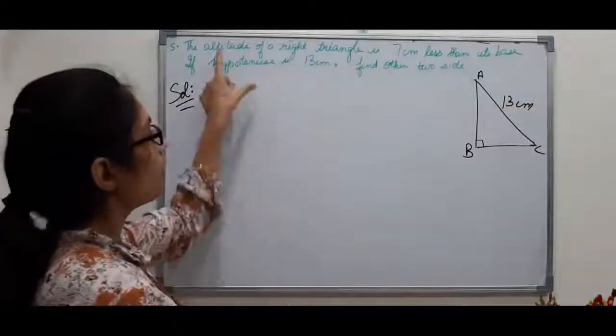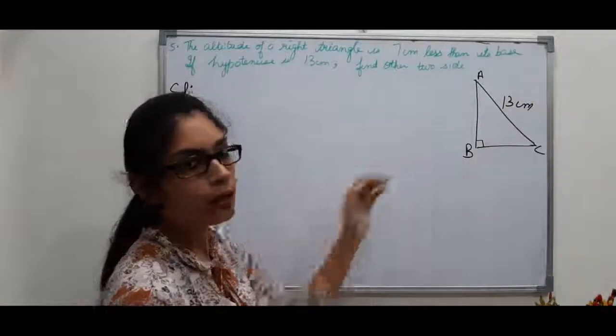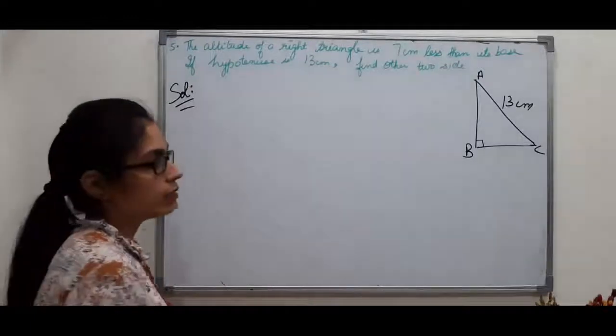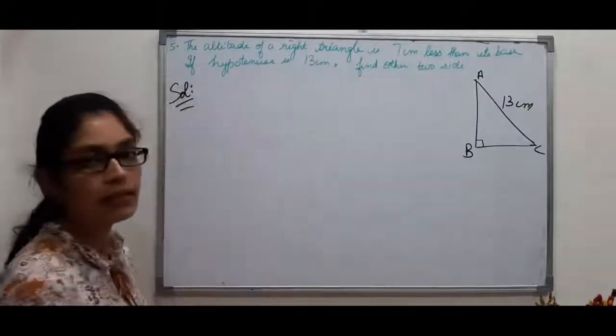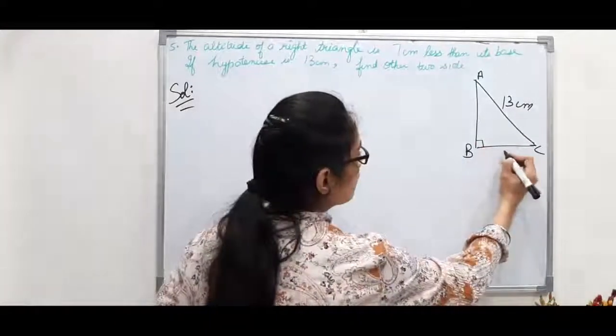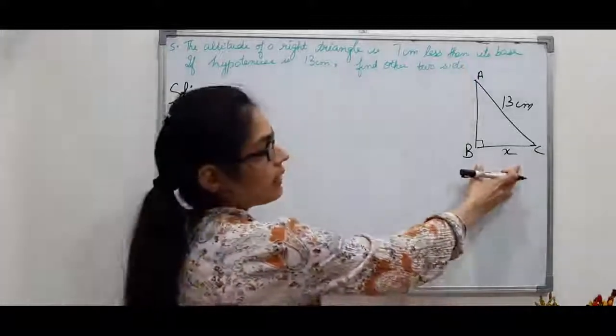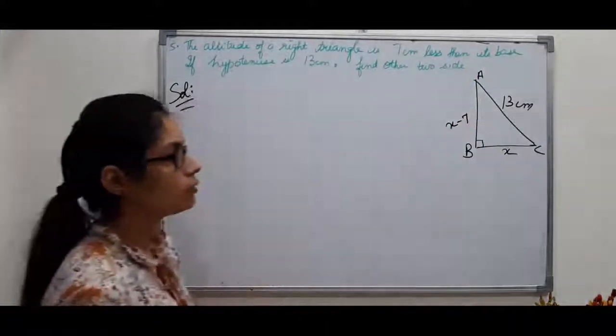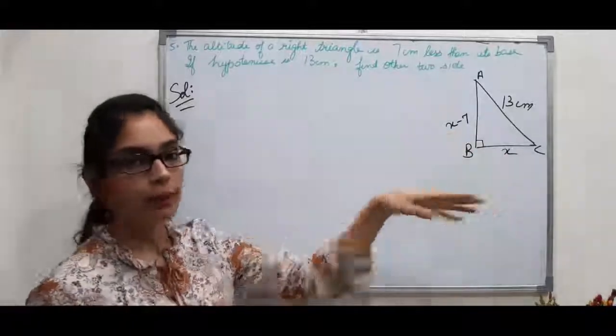So I will draw one right triangle and they are telling the hypotenuse is 13 cm, and altitude means height of the triangle. Height is 7 cm less than its base. So we will assume the base, because height is given in terms of base. So we will assume this base as x. If the base is x, its height is 7 cm less than its base. So height will be x minus 7.